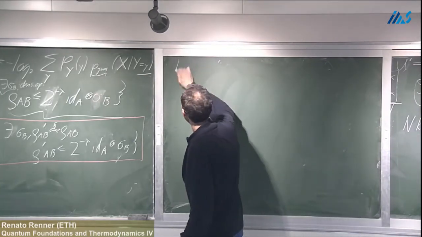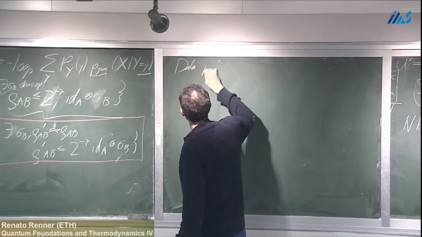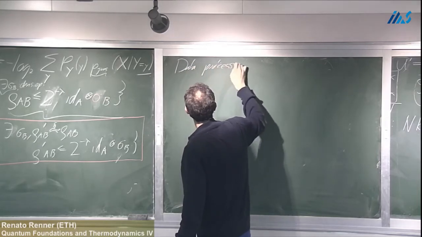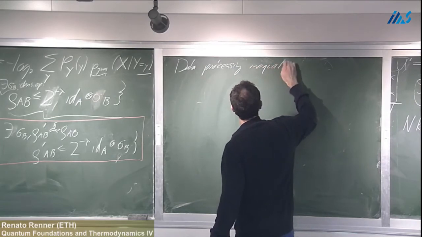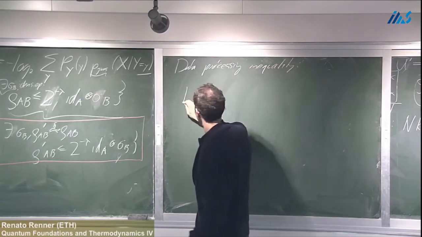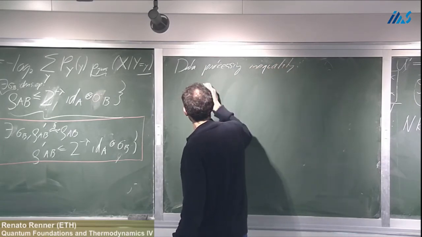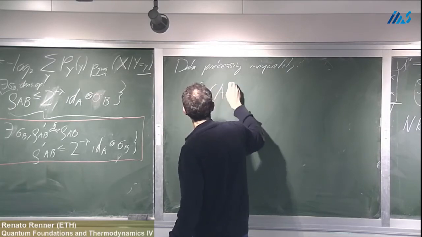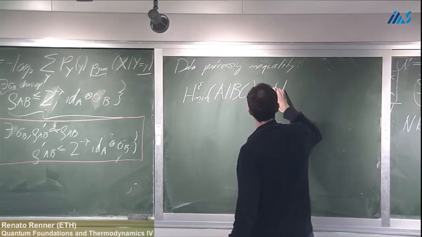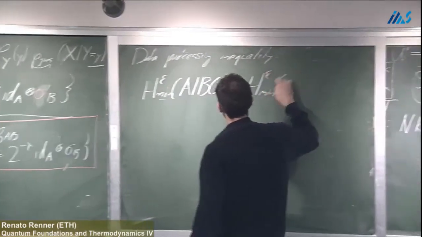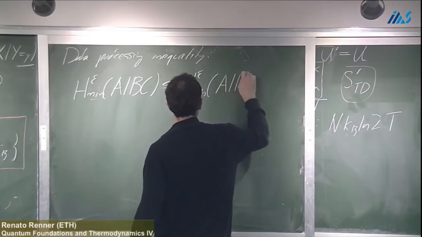It's called the data processing inequality, and one could argue that any entropy measure should have that property. So what is the property? It tells you that H min epsilon of A given B C is smaller or equal to H min epsilon of A given B.